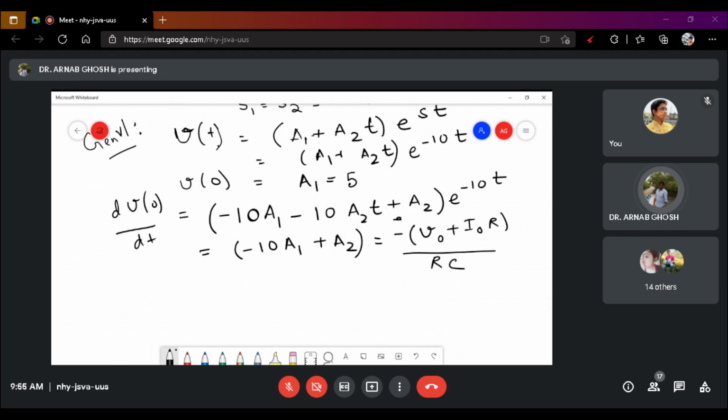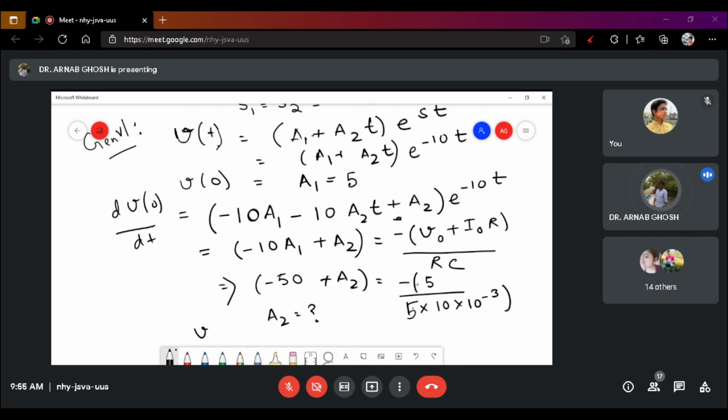You know A1 is 5 as well. So you can write this as minus 50 plus A2 is equal to minus 5 by R, that is here your R is equal to 5 into C, it is 10 to the power minus 3. So you get A2 from here.